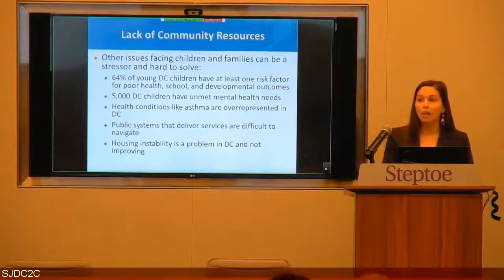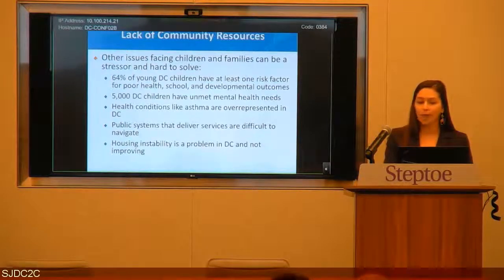And so to have unaddressed mental health needs in and of itself, whether it's with the child or any other member of the family, can have a significant impact on the functioning of the family. It can have a significant impact on parties getting along, being able to communicate and work together. So there are all sorts of ripple effects.